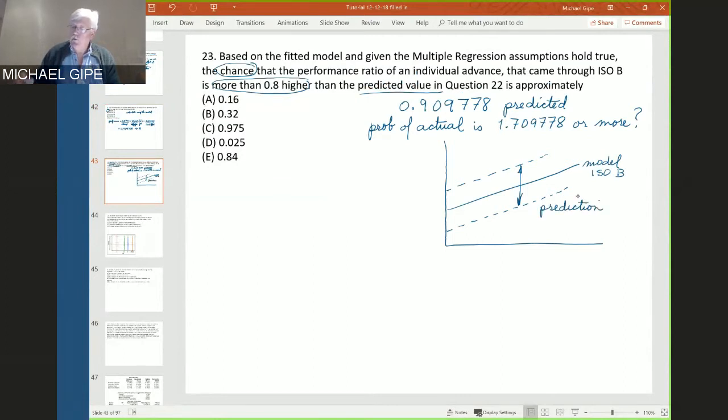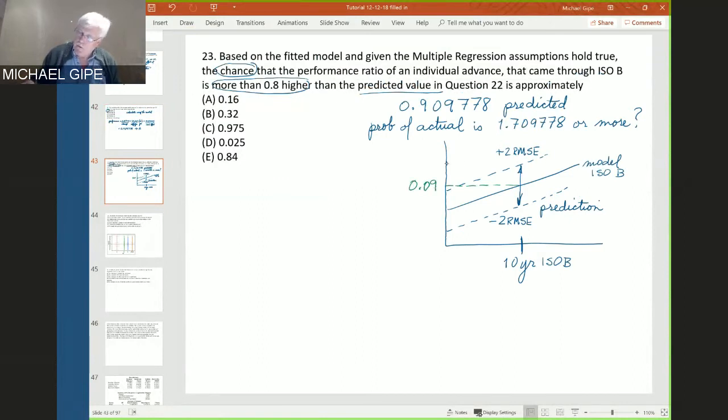And we know our regression assumptions are true, so we know we have a constant RMSE, and that prediction interval is +2 RMSE above the regression to -2 RMSE below the regression. And this is for a 10-year-old ISO-B. And so that particular Y value is about 0.9.